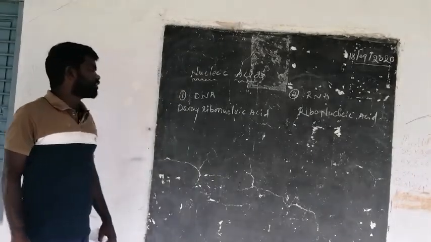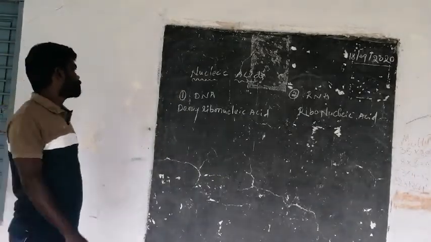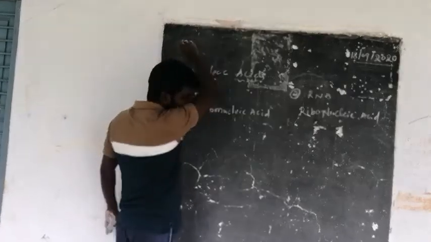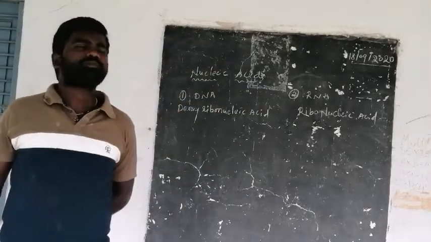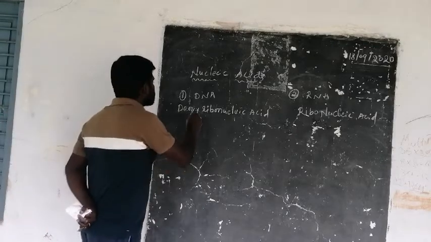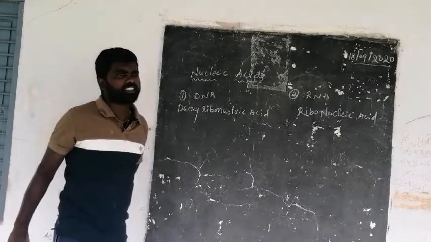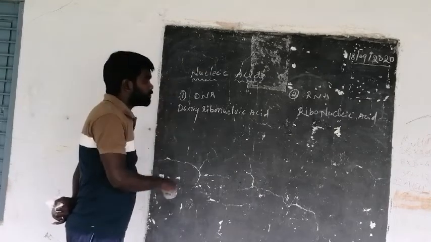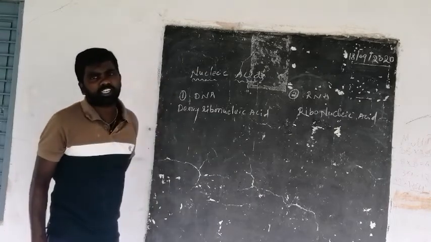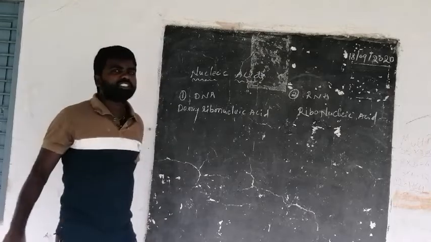Deoxyribonucleic acid and ribonucleic acid are the nucleic acids, and these are also biomolecules. And here, deoxyribonucleic acids are the nuclear substances, and they are also called genetic material.